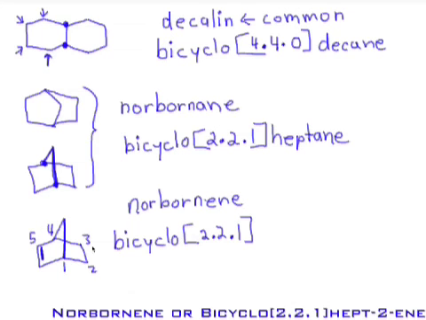Since they're both 2-carbon bridges, I get to choose which bridge I go around. Now, yes, if this bridge was bigger, I'd have to go around it first, but it's not. 1, 2, 3, 4, 5, 6, 7. So we see this is a 2-heptene.